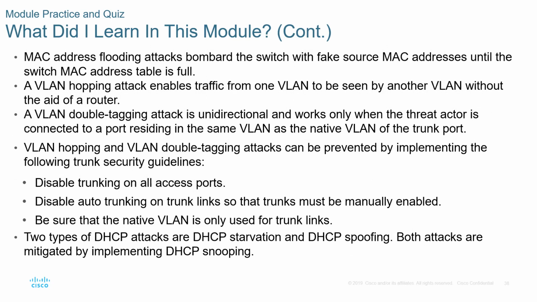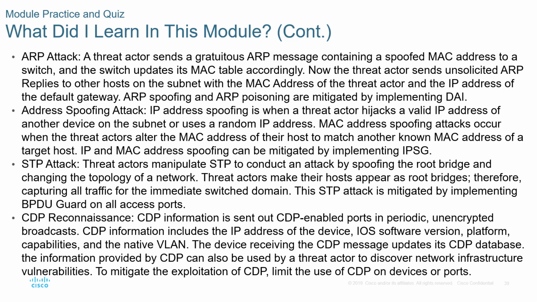We looked at ways to double tag VLAN or double tag certain types of traffic. We looked at mitigation techniques for common layer 2 and layer 3 attacks. We looked at ARP-based attacks. We looked at STP-based attacks and basic CDP reconnaissance-based attacks.